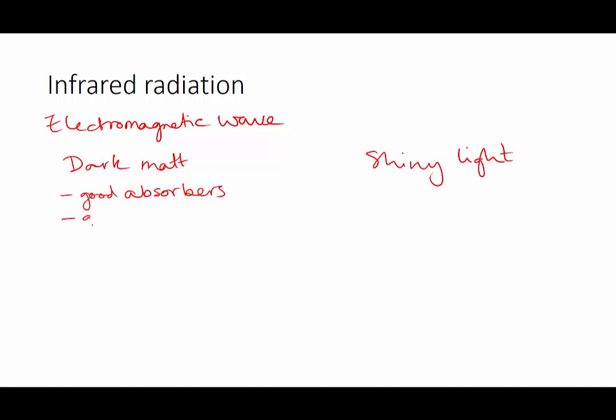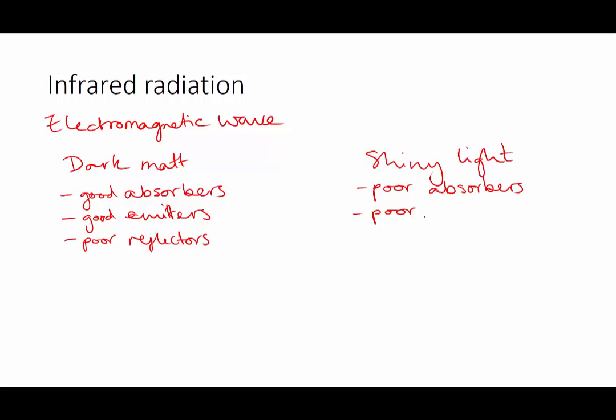They are good emitters, which means giving it out. And they are poor reflectors. The shiny light surfaces are poor absorbers. They are poor emitters, and they are good at reflecting it.